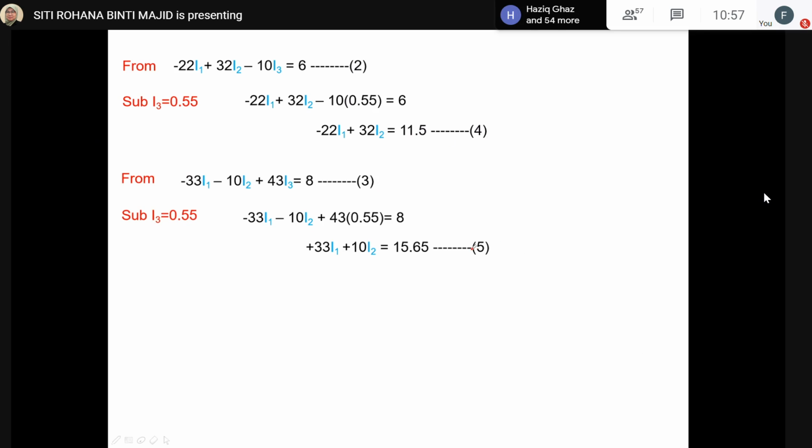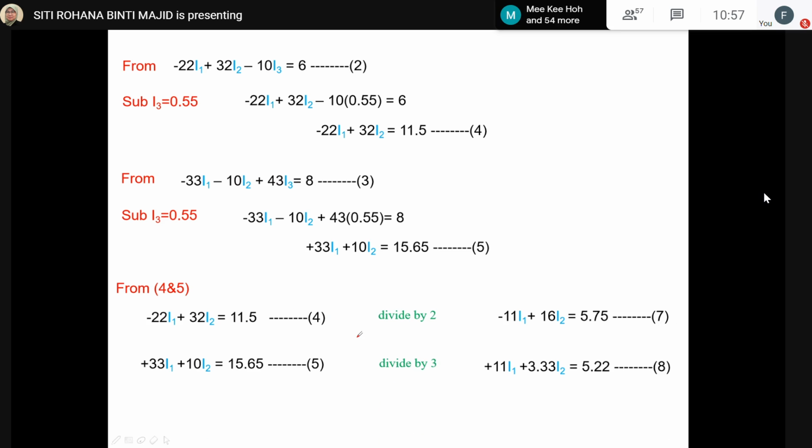So you have 4 and 5 as new equations once you substitute the I3 value, and then you can use simultaneous equations. From equation 4 you divide by 2, and then equation 5, which supposedly become 6 and 7, right?